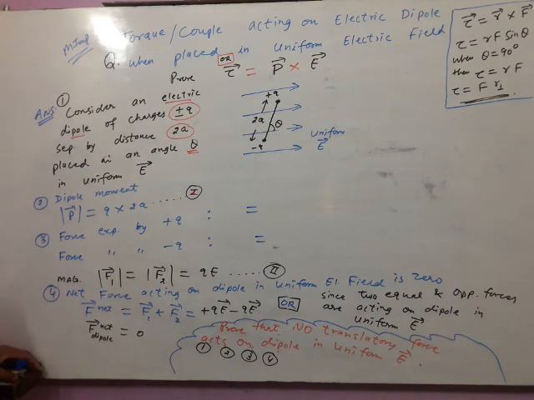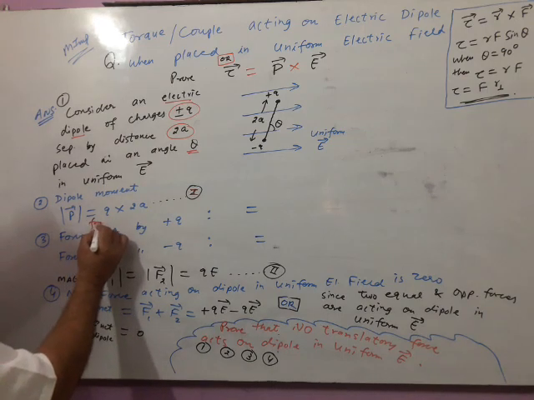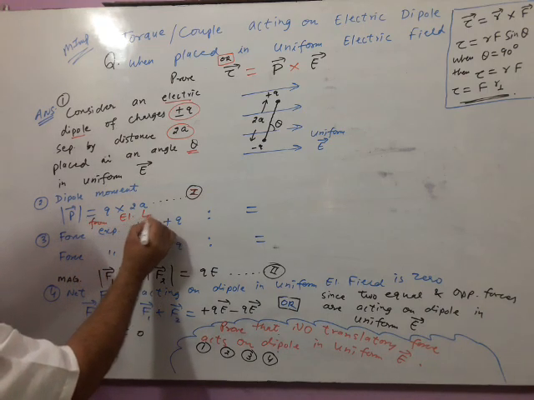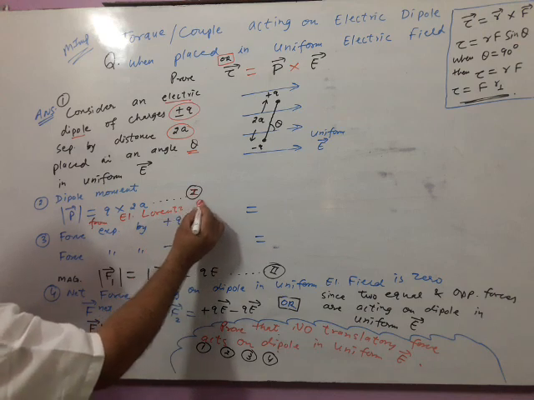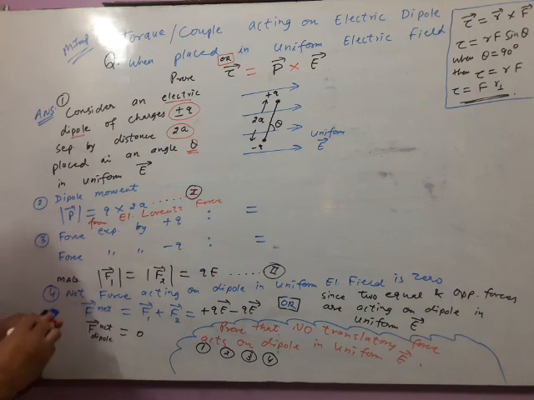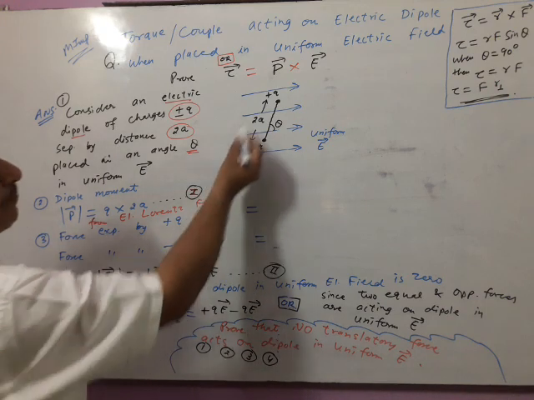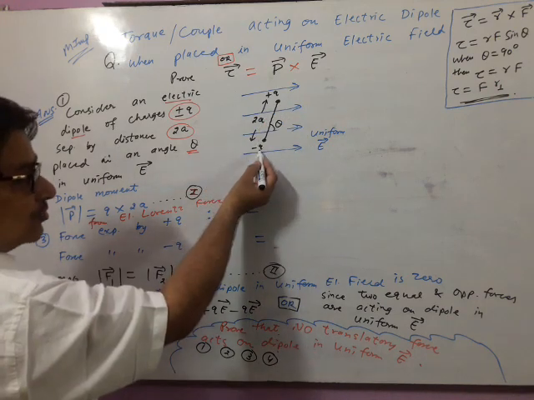Now you know any charge when placed in an electric field will experience force. You may write it from electrostatic Lorentz force. As per the electrostatic Lorentz force equation, consider the force experienced by plus q charge as well as minus q charge.